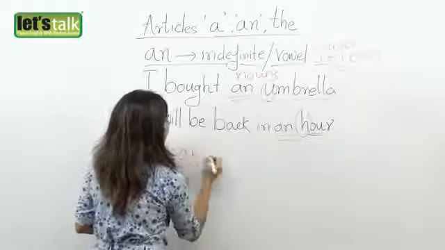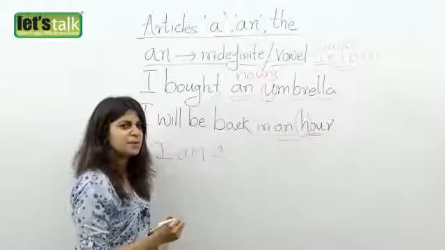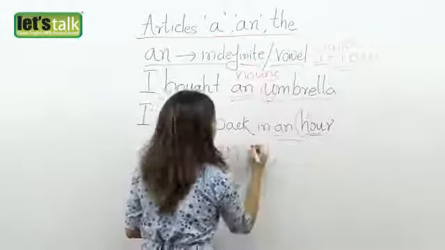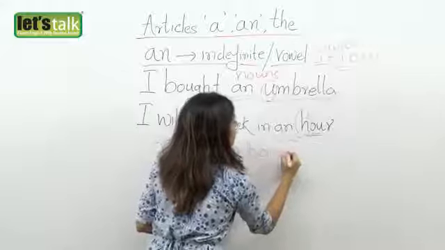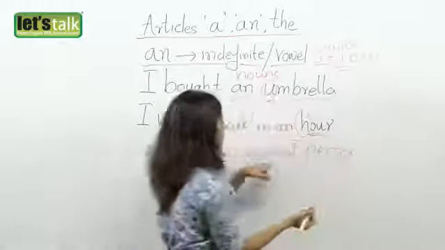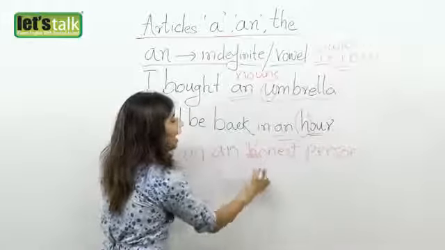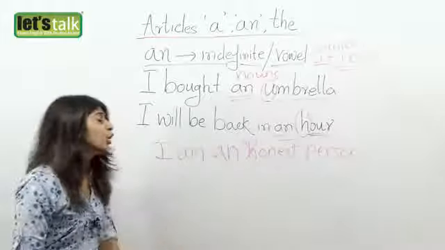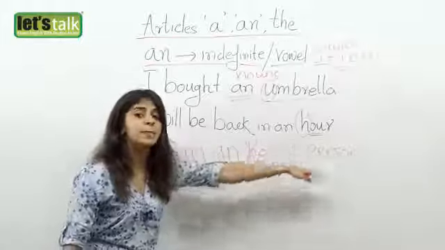I am a honest person? No, right? It would be I am an honest person. So again here, H is silent. So honest, now honest is your vowel sound, and that's why you are using I am an honest person.